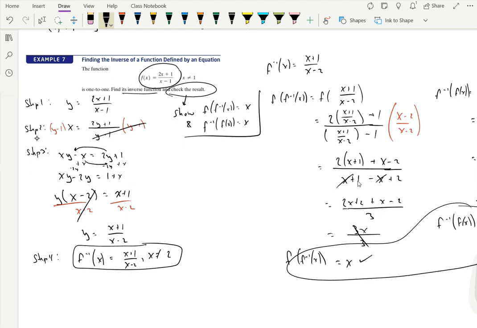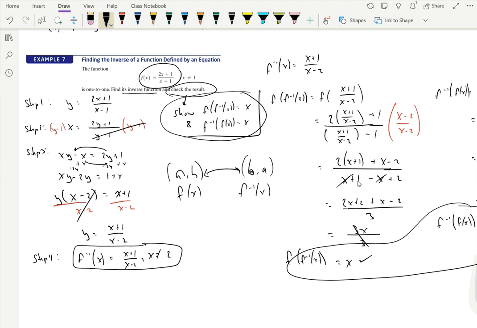We also have our 4 steps to show how to find an inverse and then how to check the inverse. In order to check the inverse, we have to show both directions work. If (a, b) is in the function, then (b, a) is in the inverse of the function. So f of x and f inverse of x, we have to be able to go back and forth between those.